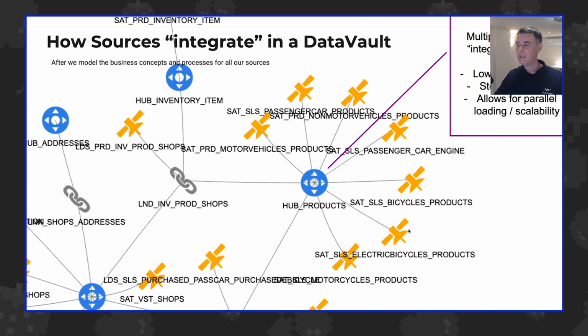There's no dependencies between these satellites. They can all happily be loaded at the same time. And Data Vault employs a really efficient way of loading using hash diffs, which means as source data is presented, it can very quickly tell what data has changed and just load those changes.